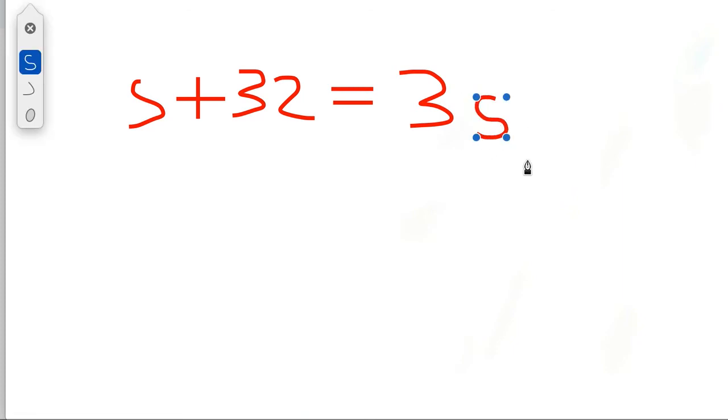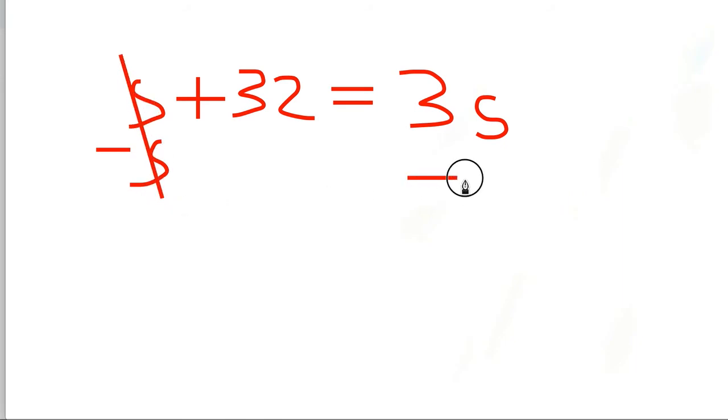So let's isolate the variable S by getting the S's on the same side first. This S has the bigger coefficient, 3, versus this one, which looks like it has no coefficient, but remember that's an invisible one. So let's get rid of this one S on this side by subtracting an S here. So S minus S, that goes away.